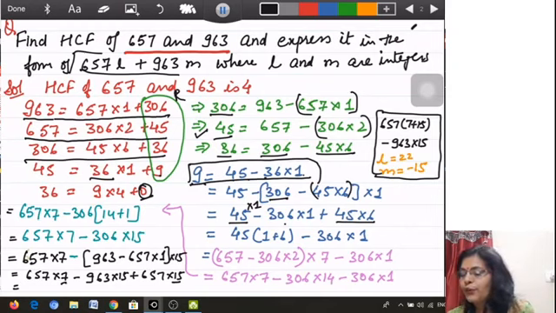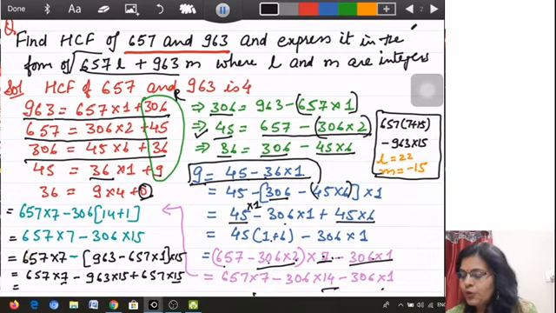The value of 45 is written over here, 657 minus 306 into 2, and this 7 is kept over here, minus 306 into 1. We'll simply solve it. 657 into 7 minus 306, 2 into 7 is 14, and this minus 306 into 1.